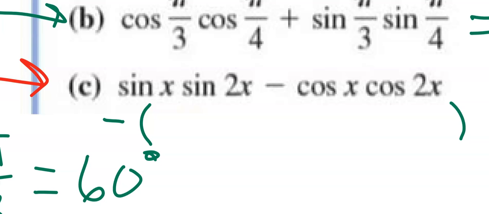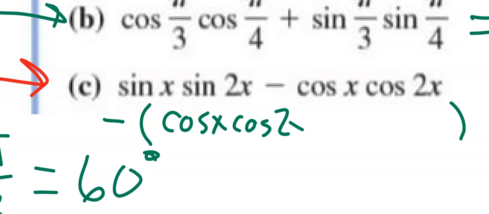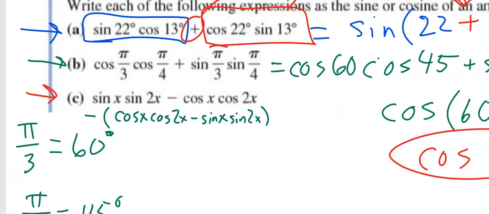You would end up switching these. Wouldn't you have cosine x, cosine 2x? That would be a positive one, wouldn't it? Minus sine x, sine 2x. Now, why did I do that little trick?